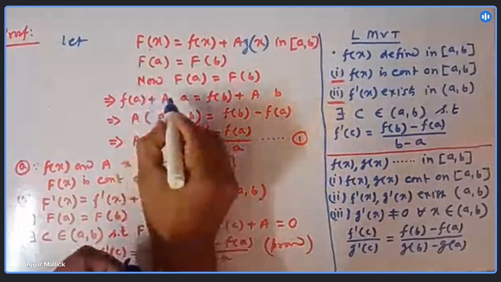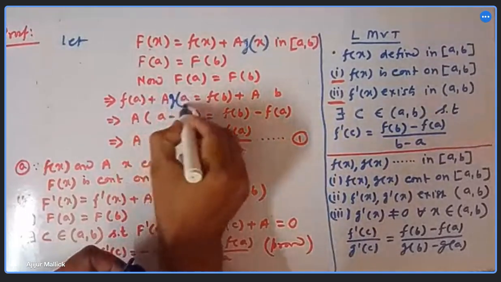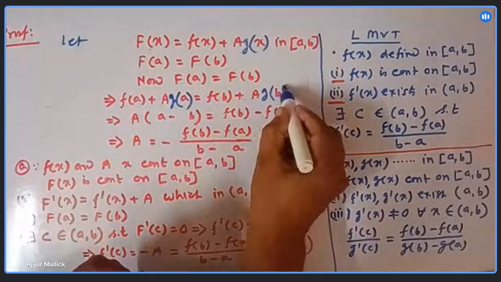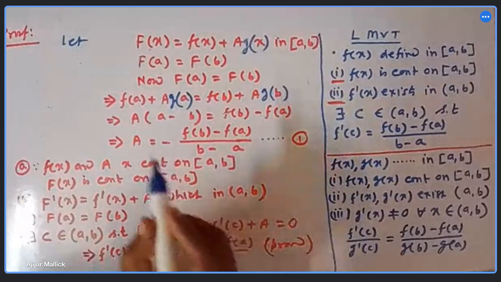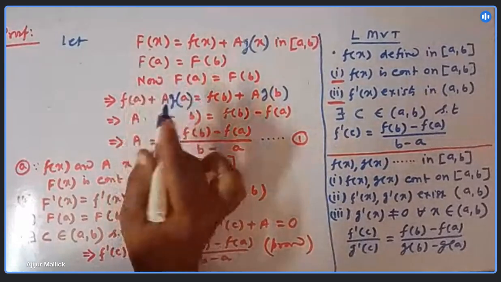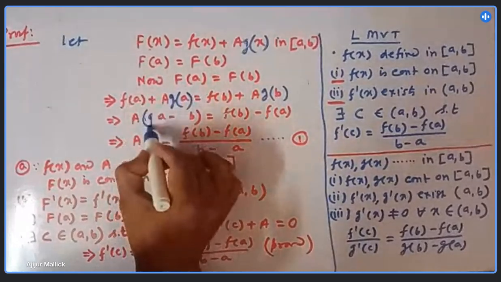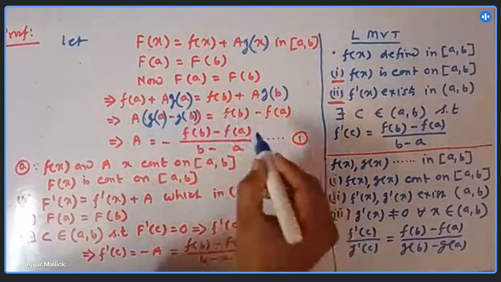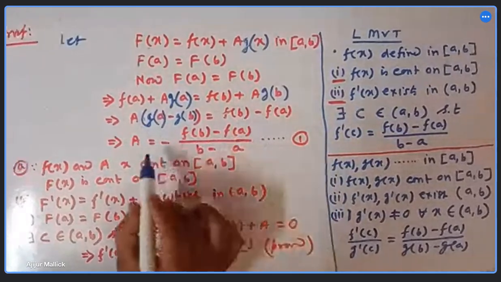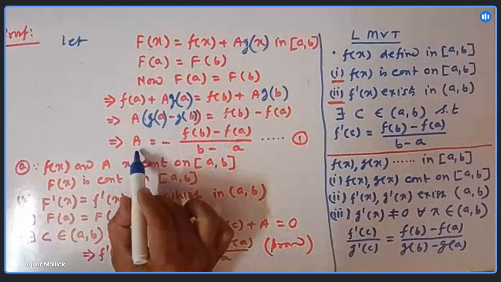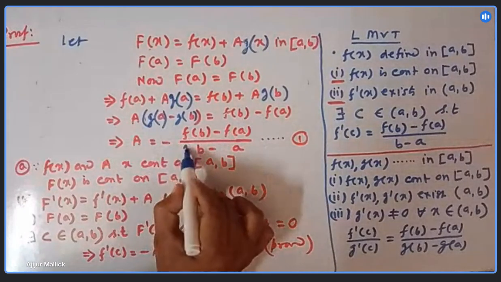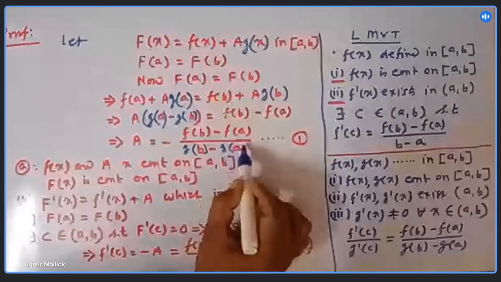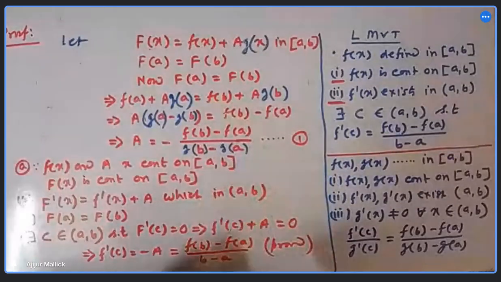This will give you f of a plus a into g of a is equal to f of b plus a into g of b. So from here we get capital A is equal to this, g of b minus g of a.